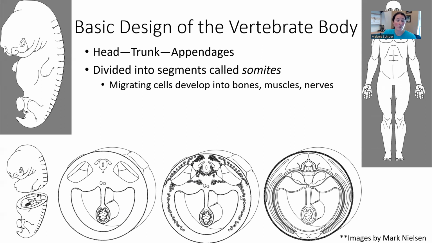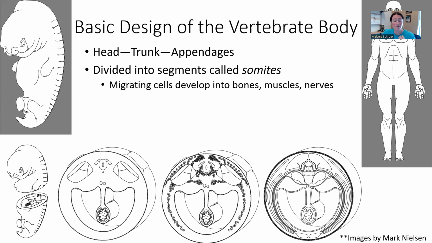They migrate out in all directions. This is happening in every single one of these somites, the same pattern happening over and over again. This is the substrate from which we build our muscles and our nerves. And of course, our bones can be built within these preliminary structures as well.